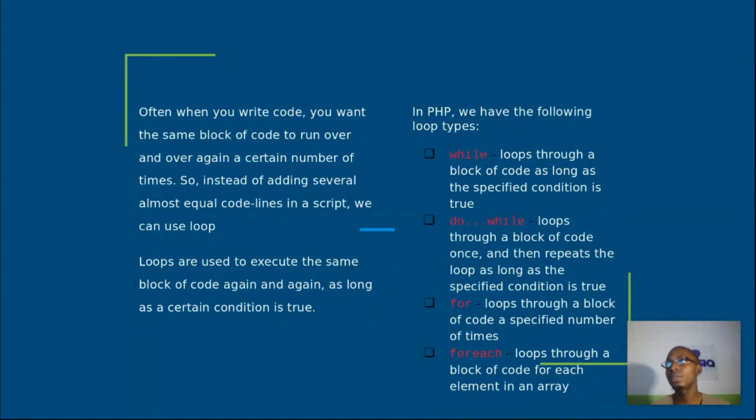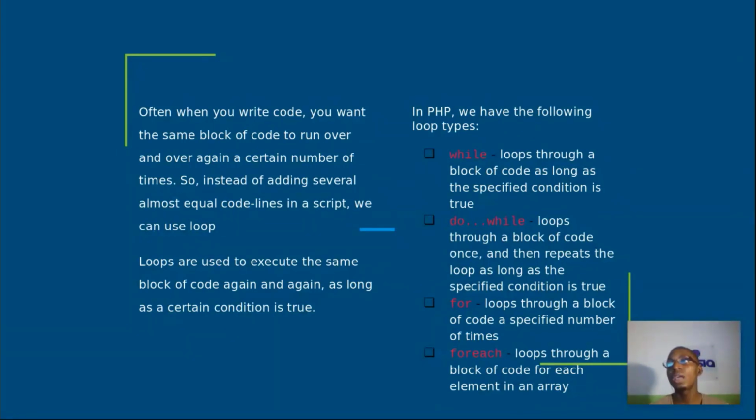Now, what is different between these two? The do while will at least execute the block first before looping based on the condition, while for the while loop, it will make sure that the condition is true. If not, it is not going to execute anything. You have the for loop, which loops through a block of code a specified number of times. So this is like the counting loop in PHP.